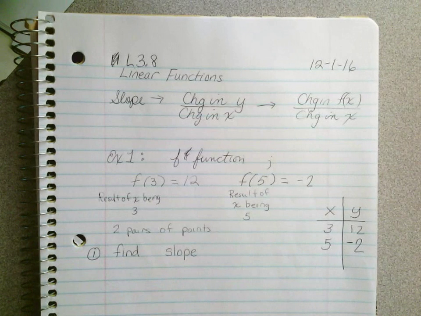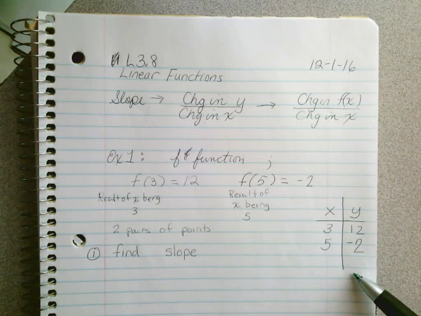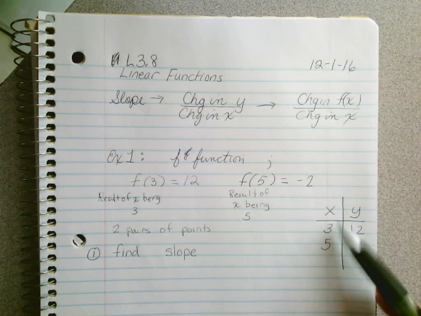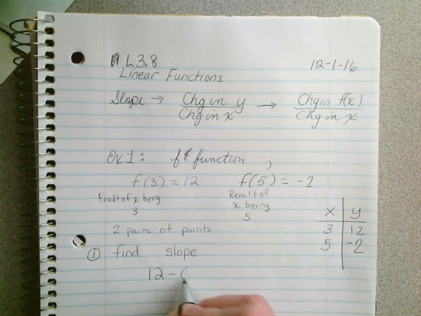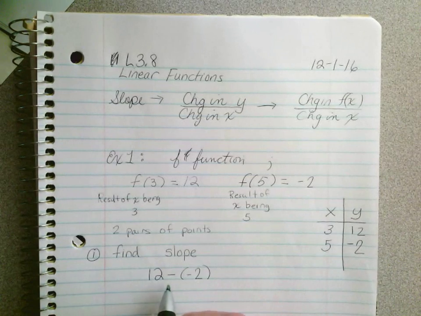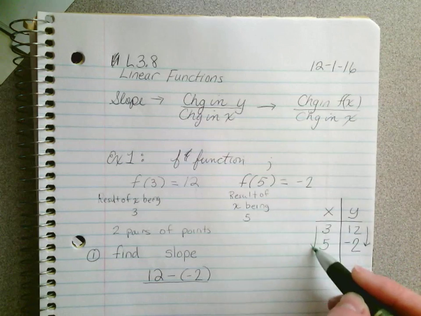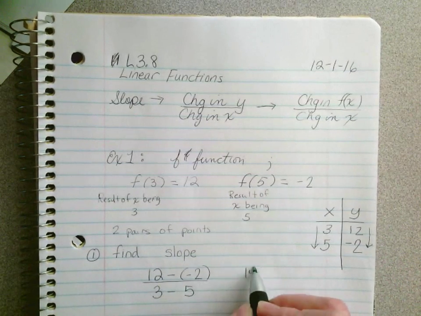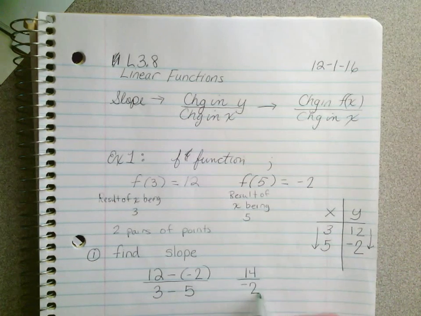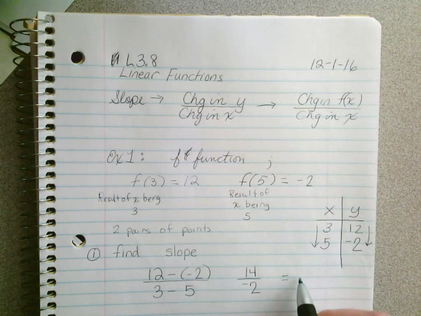So we're going to do change in y on the top, which is the f of x, the output, change in x on the bottom. 12 minus a -2 divided by, and since I went this way for my subtraction, I need to go that way, 3 minus 5. So what do I get? 14 over -2. Am I right so far? 14 over -2. So my slope is -7.